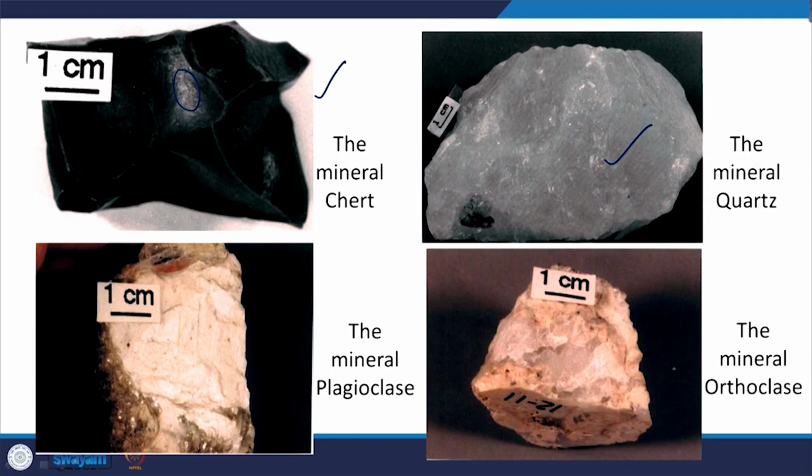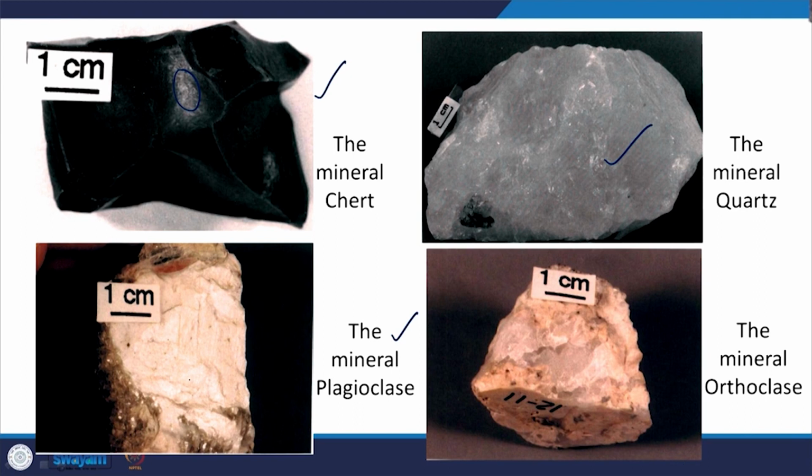Now, come to the next one, that is the mineral plagioclase. Here, as I mentioned, there are 2 cleavage planes at 90 degree, and you can see the surface striations. Striations are any number of scratches or parallel grooves on the surface of a rock, and these can be a result from action of moving ice as that of a glacier.